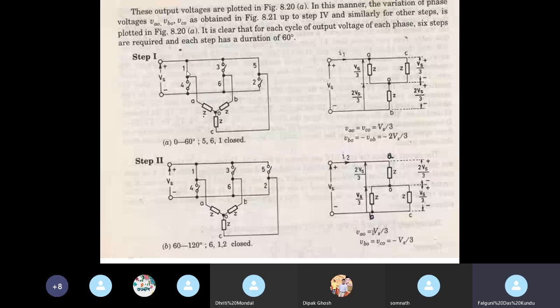So here we see that 6, 1 and 5 is connected, means 5, 6, 1 is connected, and during this 0 to 60 degree means step 1, what happened? It is happening 5, 6, 1 closed, and this is A, this is B, this is C. So this is the equivalent diagram of this circuit.